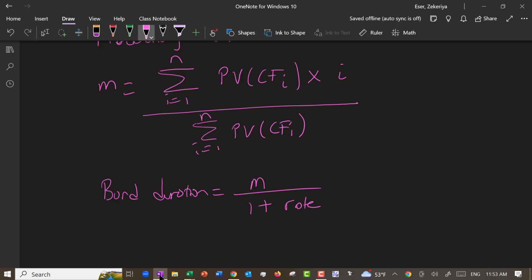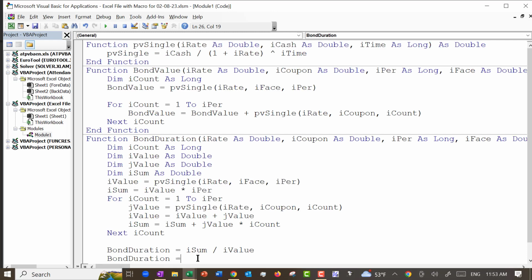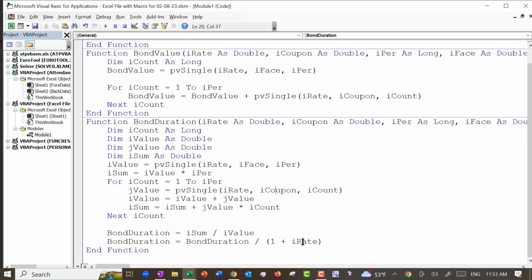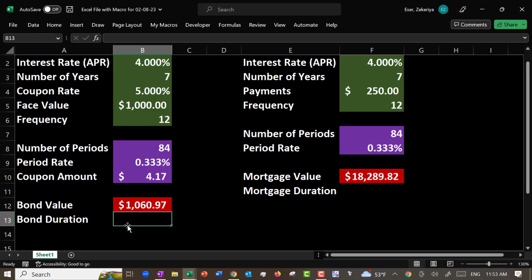That's the period rate, since we're doing everything in periodic numbers. We should be home. So let's calculate that.